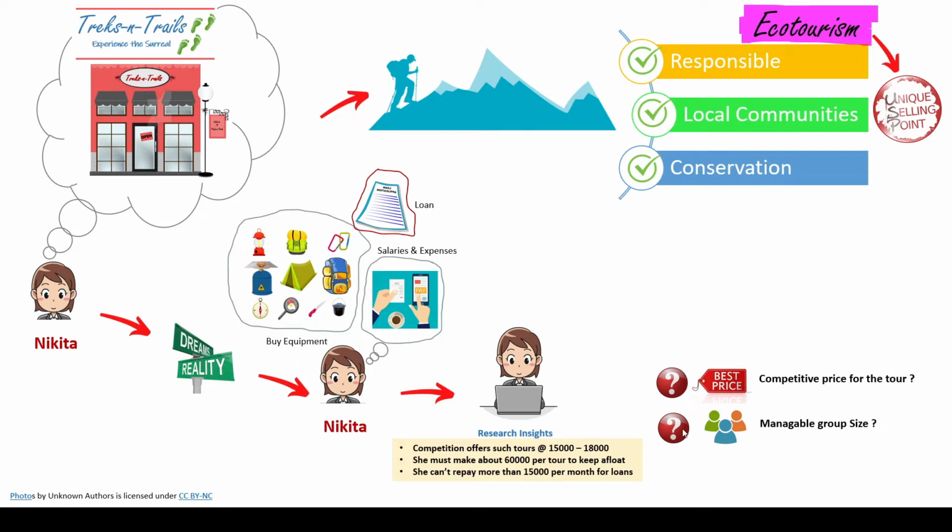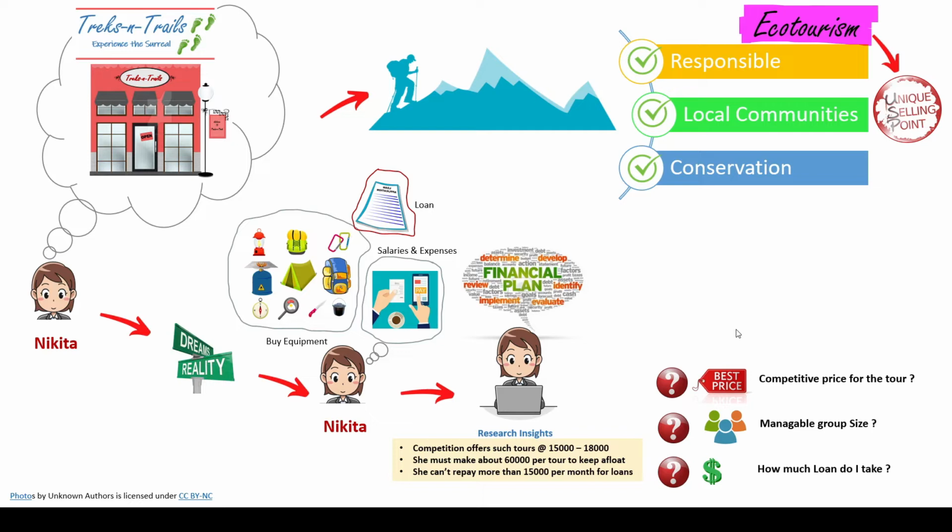Usually she has found that taking a group of 12 to 14 people would give them individual attention and would make the experience really enjoyable. And how much loan should she take, given her calculation that she cannot pay more than 15,000 per month? All these numbers are now really confusing, and Nikita needs to come up with some kind of financial plan.